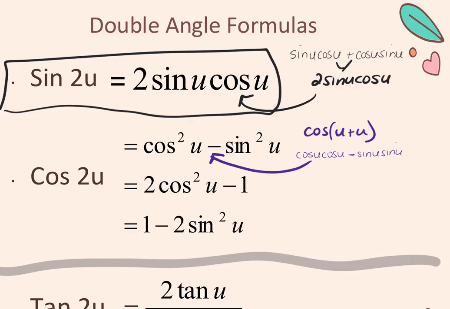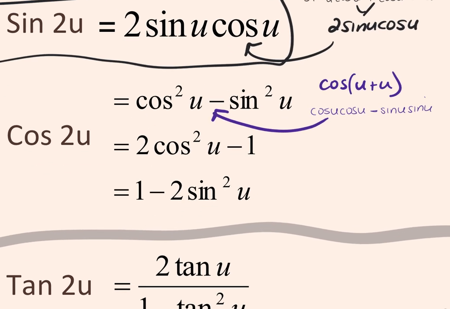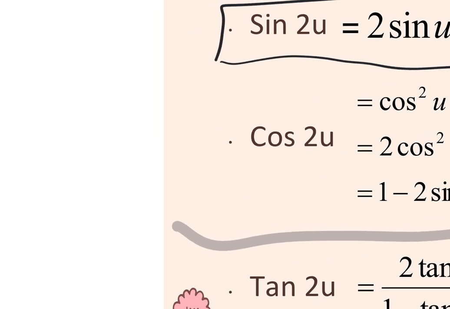Now think about how we get from here to here and here to here. Yesterday we talked about our identities with sine and cosine. What's the Pythagorean identity with sine and cosine? Sine squared plus cosine squared equals 1. So if I wanted to replace the sine squared here, I'll write it out so you can see it.